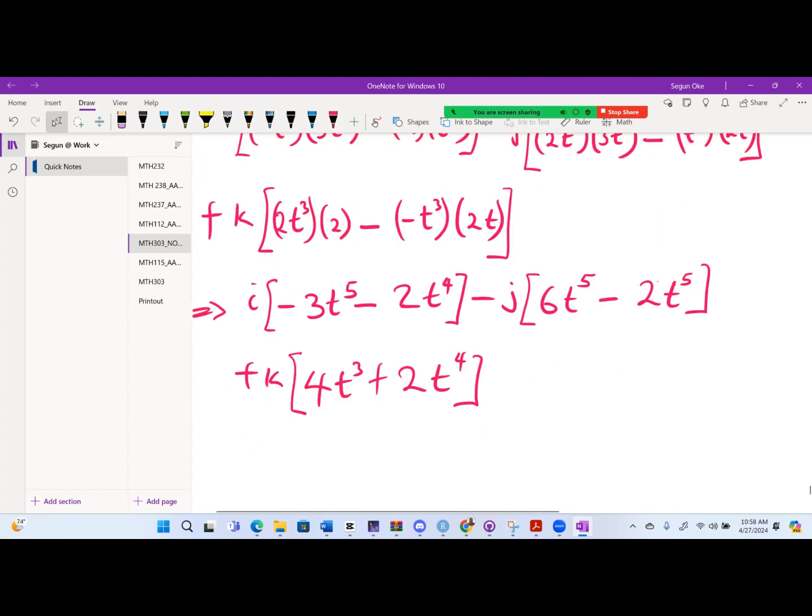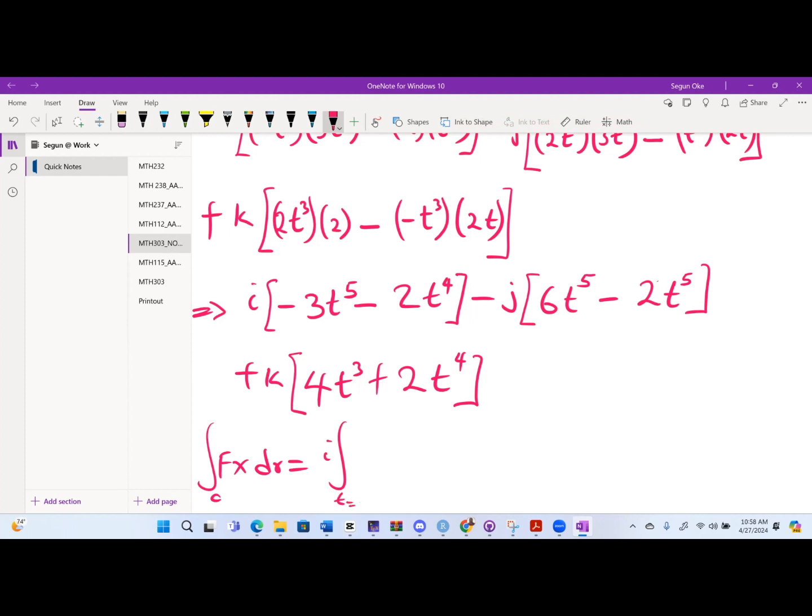Now let's introduce our integration. Remember, we have f cross dr. Will that be integral of i? Let's deal with i first. Our limit in this case is t equals 0 to 1. So we have minus 3t to the 5 minus 2t to the 4.